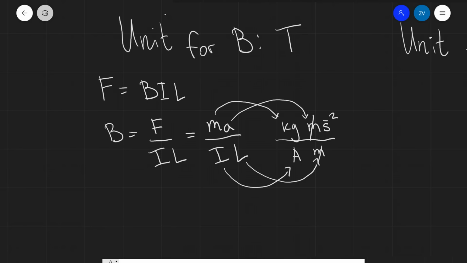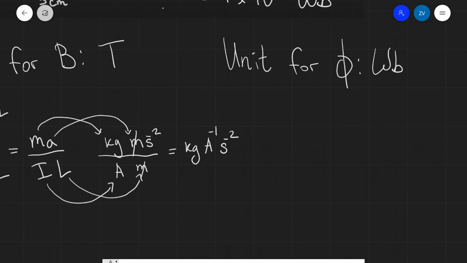So those can cancel out, and what we're left with is kg A to the power of -1, s to the power of -2 for the base unit of the magnetic flux density.